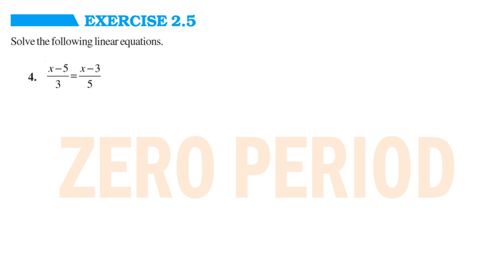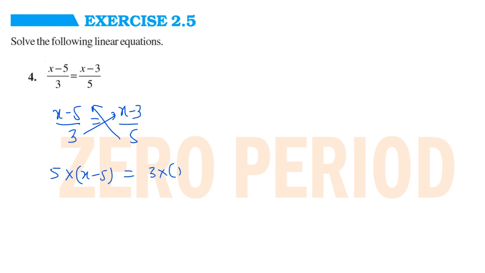Fourth question, very simple question. x minus 5 upon 3 is equal to x minus 3 upon 5. Very simply, you just do the cross multiplication. If you cross multiply, this 5 to the left side, 5 into x minus 5, and 3 into x minus 3, in between the equal to sign must be there.